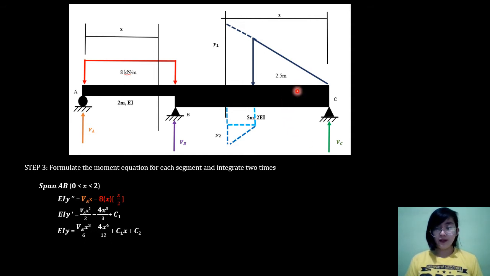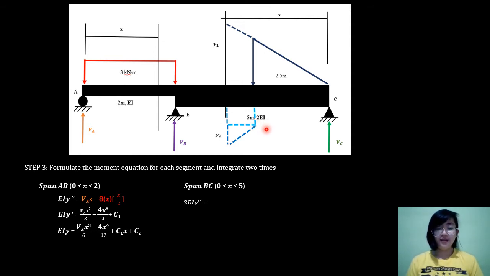Okay? So, next, let's formulate the moment equation na rin for the right side. For span BC, 2EIy. So, non-prismatic yung beam natin, di ba? At segment AB, we have EI. At segment BC, we have 2EI. So, we have to modify it then.